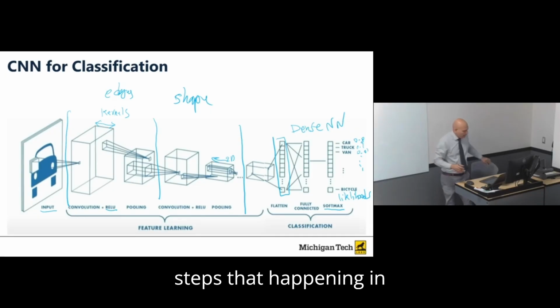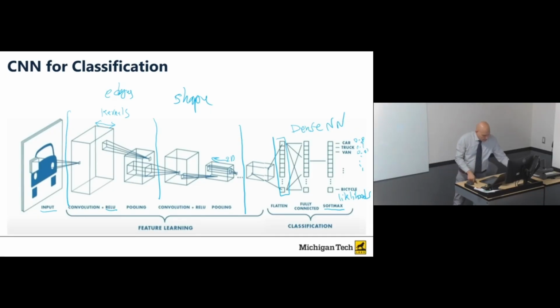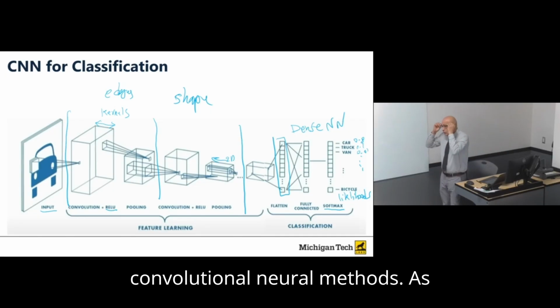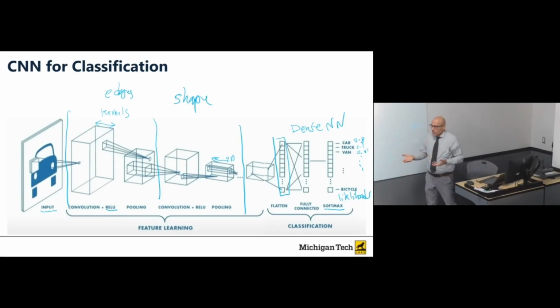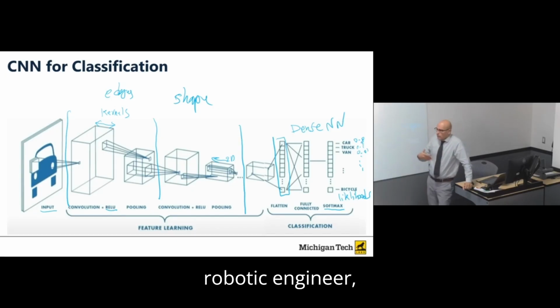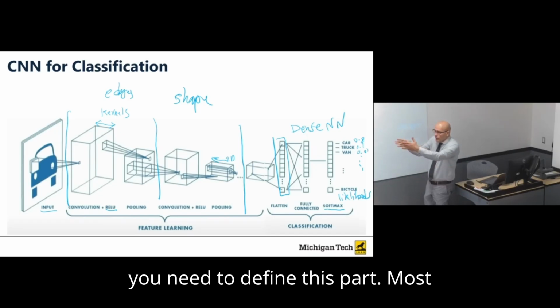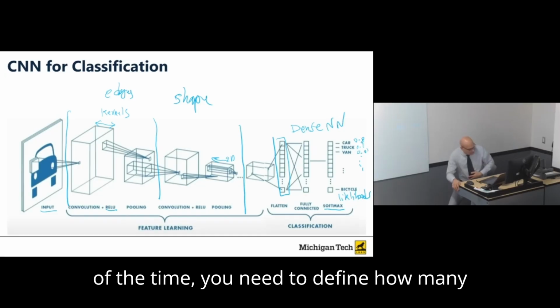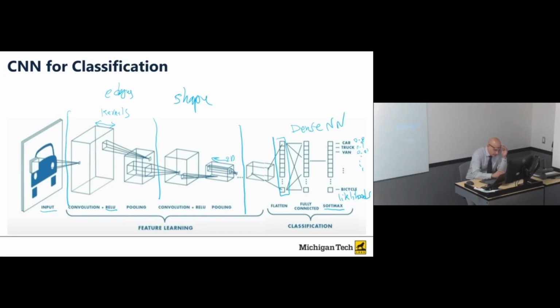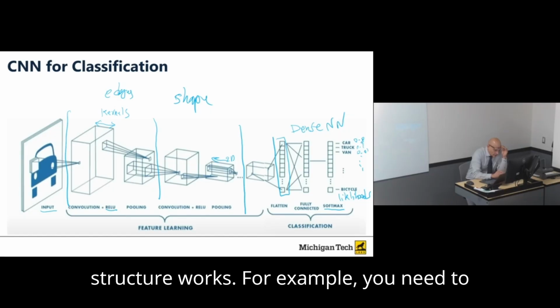So these are the general steps that happen in convolutional neural networks. As a robotic engineer, you need to define this part. Most of the time, you need to define how many layers you need and how this structure works.